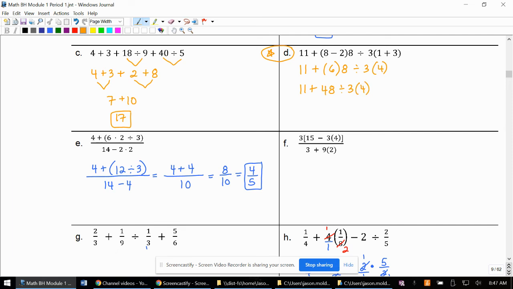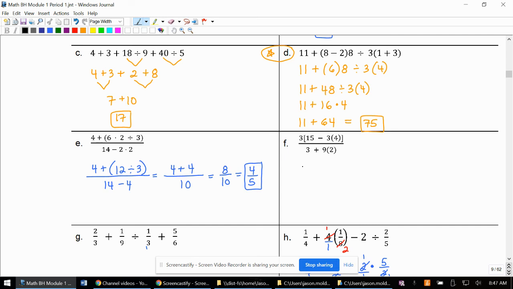I have not done anything with the 3 and the 4. 48 divided by 3 is 16. Bring down the 4. 16 times 4 is 64. Plus 11 is a grand total of 75. So you can see it's very tempting to multiply and then divide, but the rule was multiply and divide from left to right. 2 more problems.